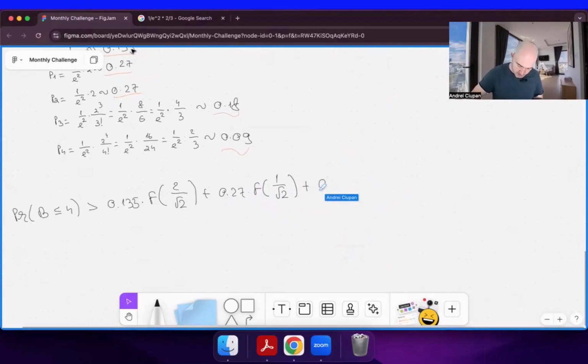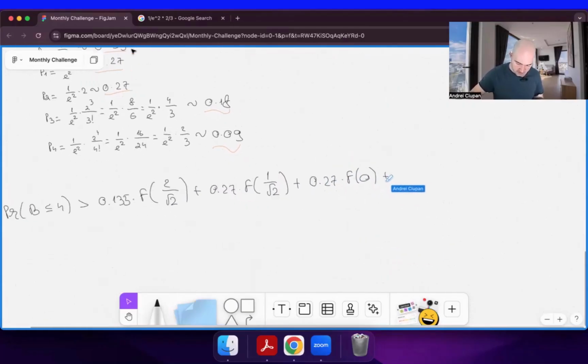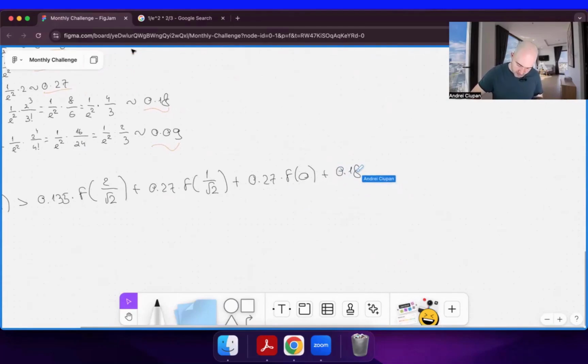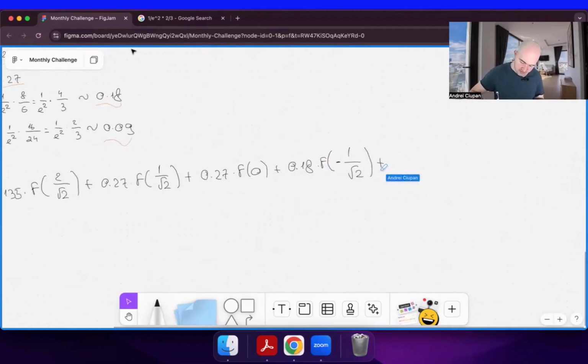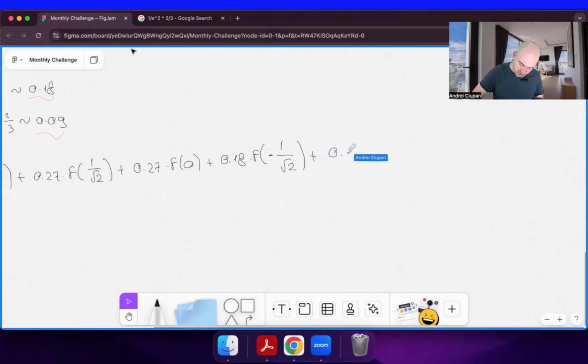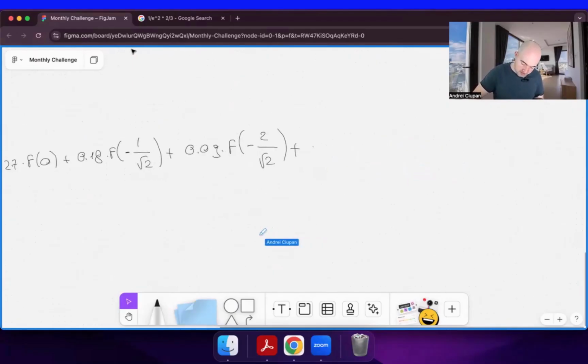Plus 0.27 times f of 0, which we know is 1/2, plus 0.18 times f of minus 1 over square root of 2, plus 0.09 times f of minus 2 over square root of 2, plus some other stuff, right?